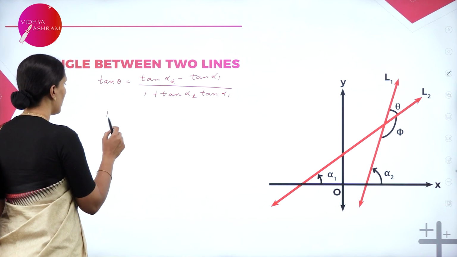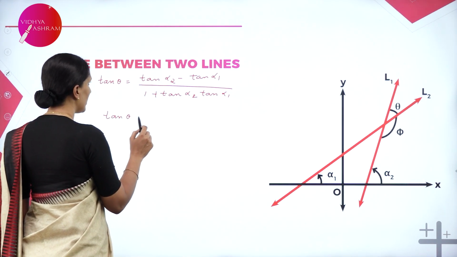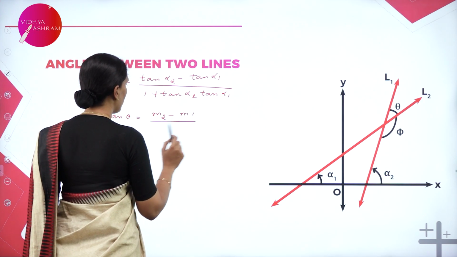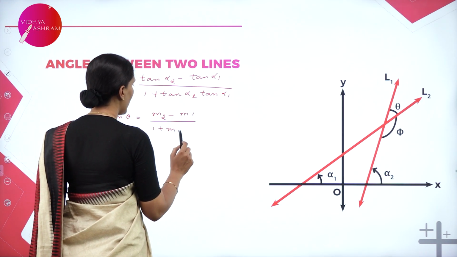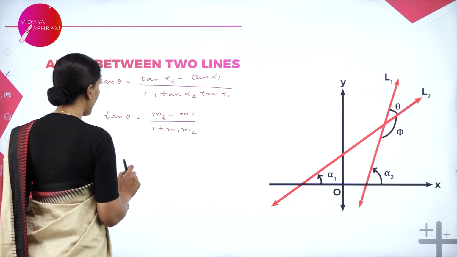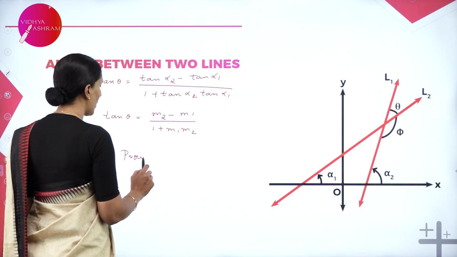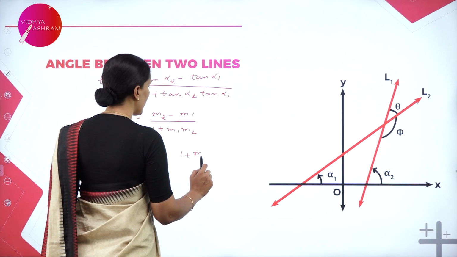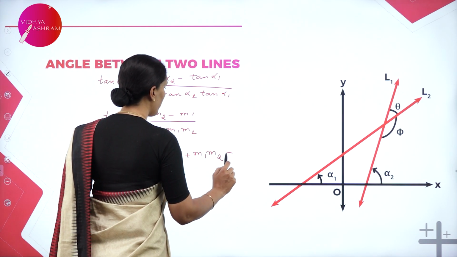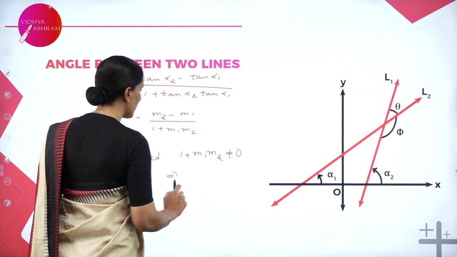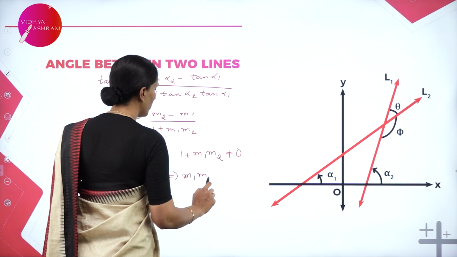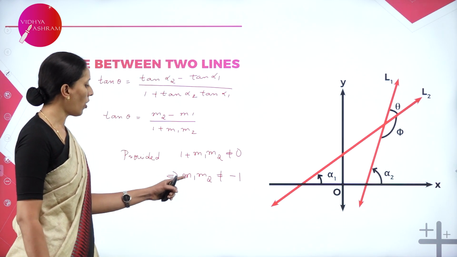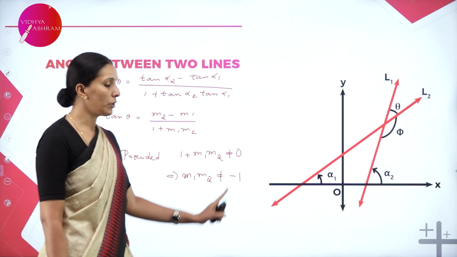Therefore tan theta is equal to m2 minus m1 divided by 1 plus m1 m2. Provided the denominator cannot be equal to 0, that is 1 plus m1 m2 cannot be equal to 0, which means m1 into m2 cannot be equal to minus 1. So that means the product of the two slopes cannot be equal to minus 1.